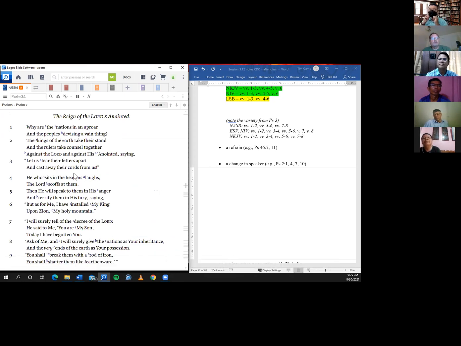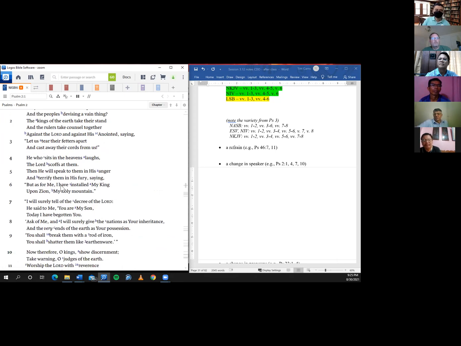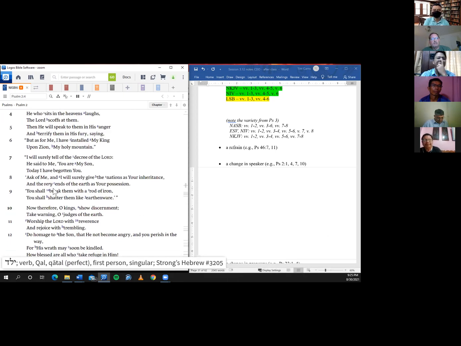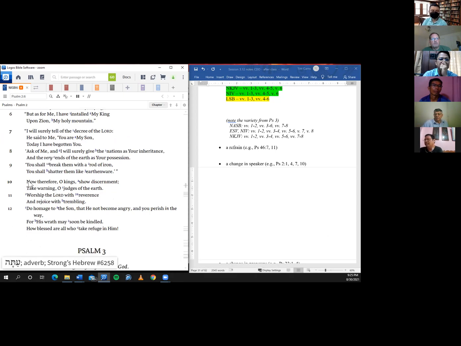Verses 1 to 3 is the psalmist. Verses 4 to 6 is focused on Yahweh, and then he speaks in verse 6. Verses 7 to 9 is the Son speaking, and notice that's how the New American Standard made that a stanza. And then verses 10 to 12, the psalmist again is speaking.